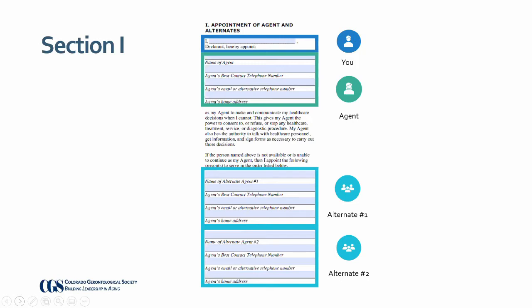So throughout the whole tutorial, you will see different colors. You will always be in blue. Your agent will always be in a turquoise, and alternates will always be in this lighter shade of blue.